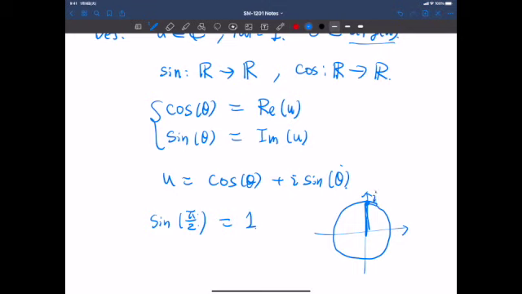That is i, and the angle is pi half. The sine is the imaginary part, so that is 1, and cosine of pi half is the real part, which is 0.